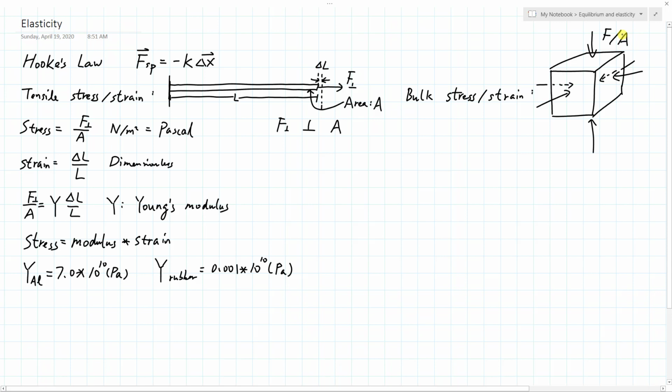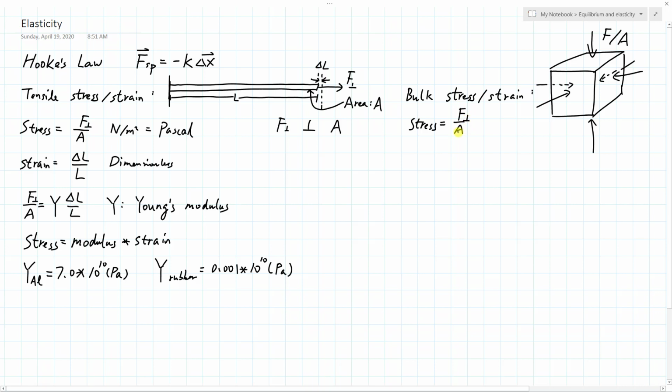We can apply pressure. So stress, again, is this force over area. So we're assuming that the force is perpendicular again. So we can certainly say this here. Just say perpendicular.